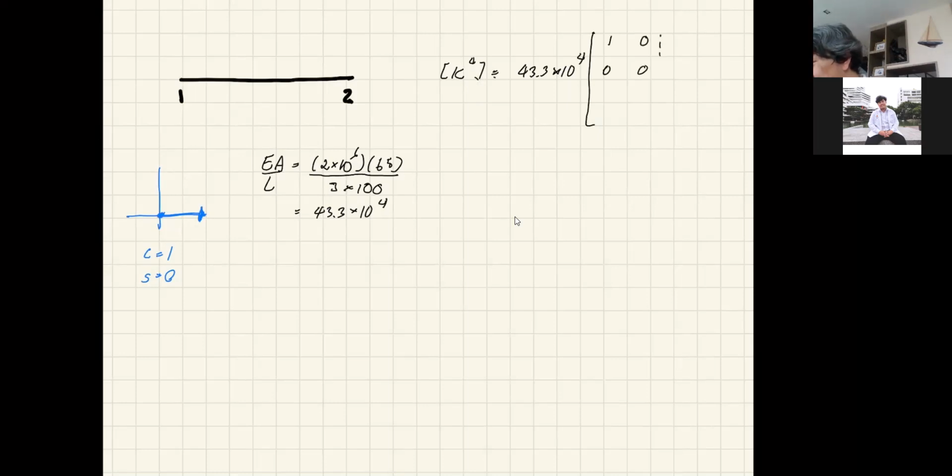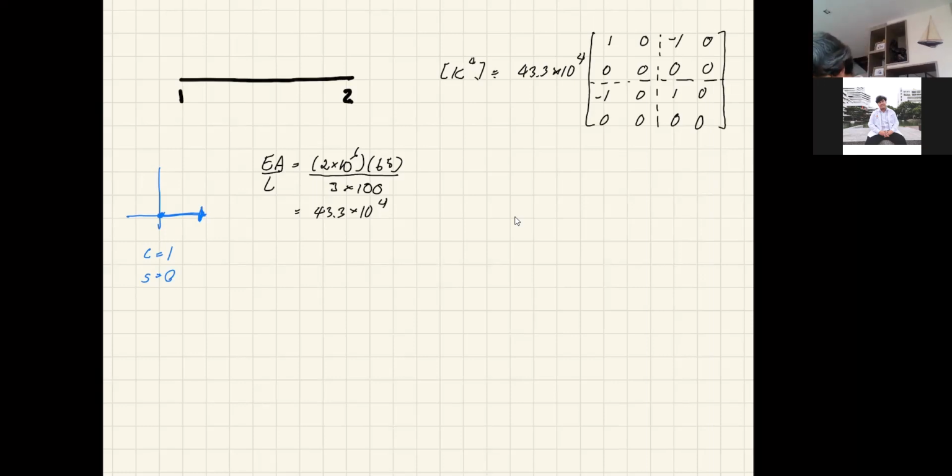And again, you can divide this into 4 submatrices. It's 1, 0, 0, 0. And okay, the two remaining submatrices should be the opposite. So it's -1, 0, 0, 0, -1, 0, 0, 0.